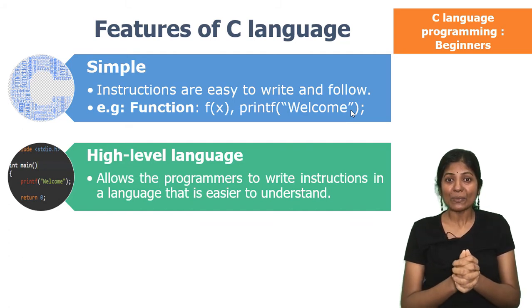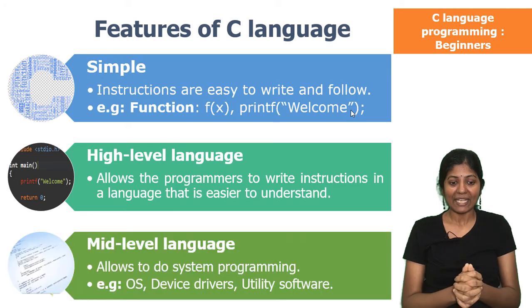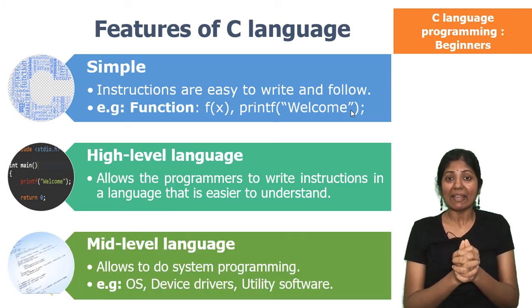Let's move on to next feature of C, which is mid-level language, also called as middle-level language. Then, what is middle-level language? A language which allows the programmer to write system programs, to develop system softwares is called middle level language.